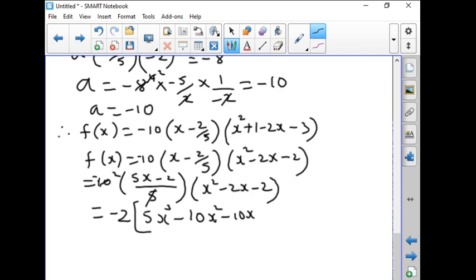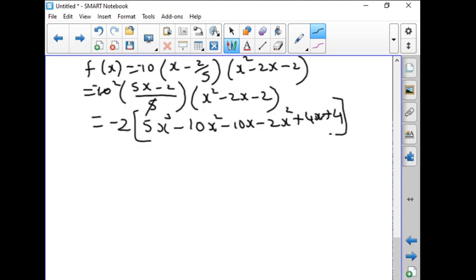Then multiply with minus 2: 2x square plus 4x plus 4. So it is equal to minus 2 into 5x cube minus 10x square minus 2x square gives minus 12x square, minus 10x plus 4x gives you minus 6x plus 4.